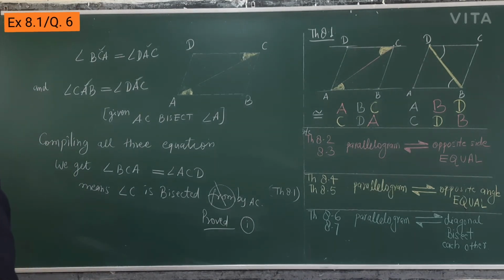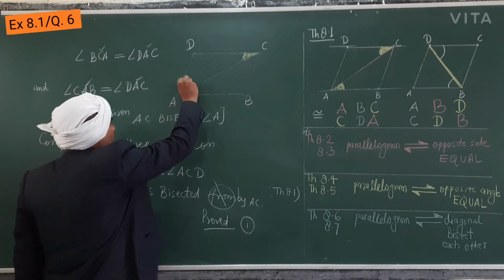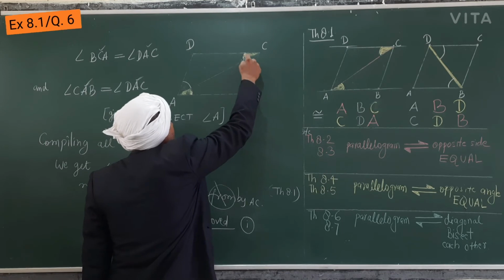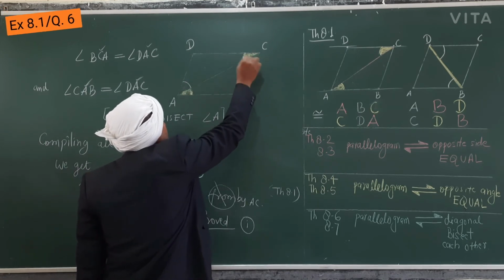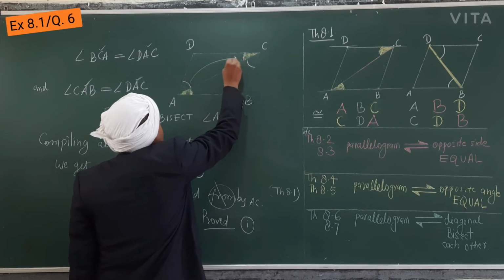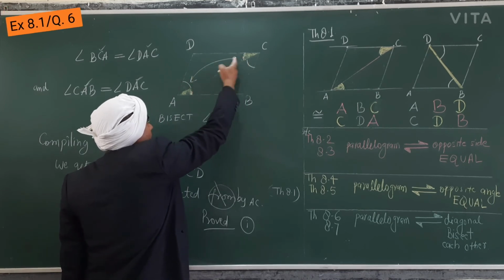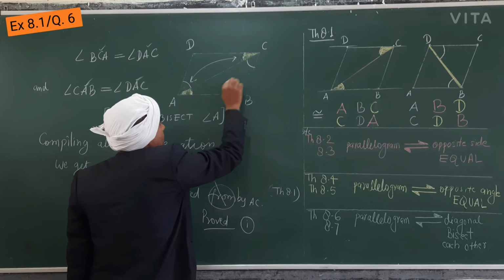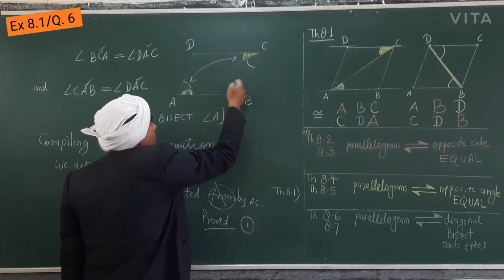The second part, ABCD is a rhombus. Means these all are equal. Means this is equal to this equal to this. Means this also equal to this. If angles are equal, so opposite sides will be equal.